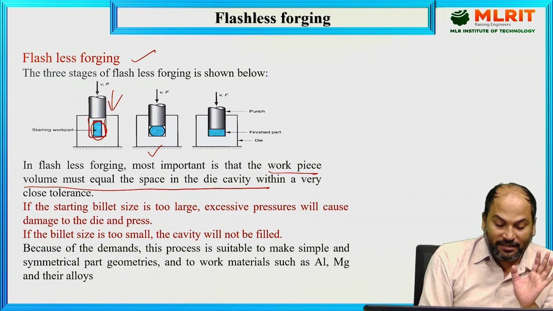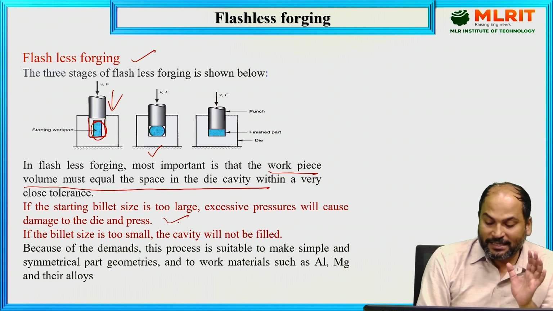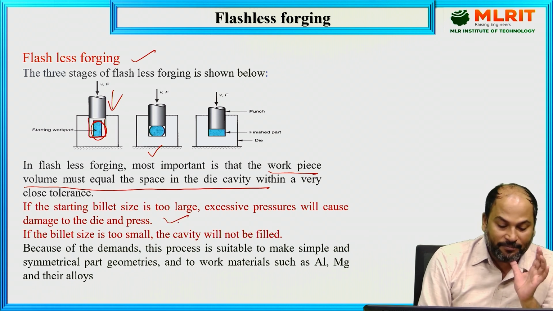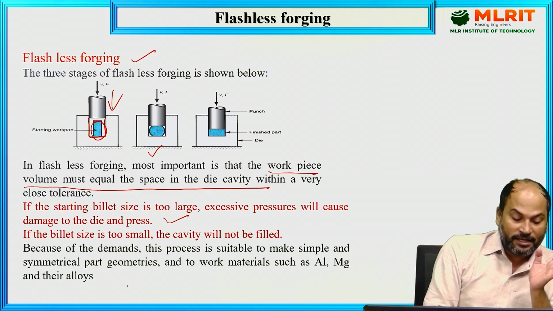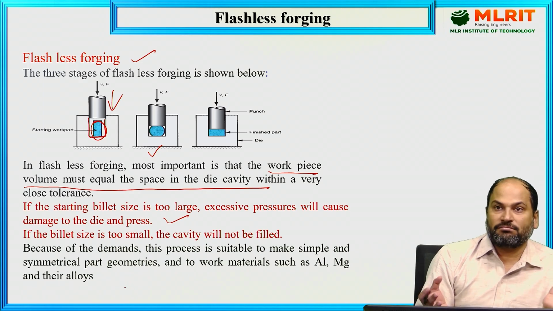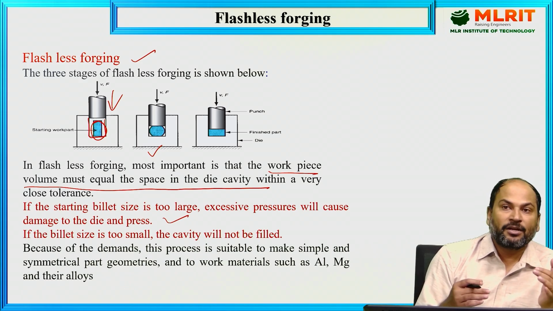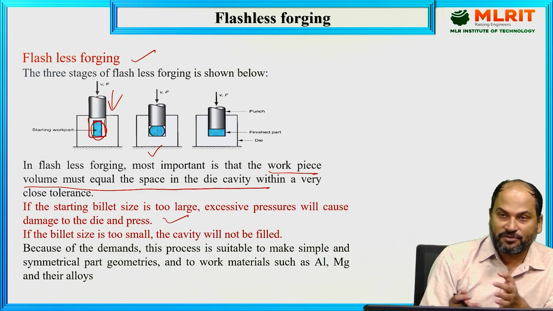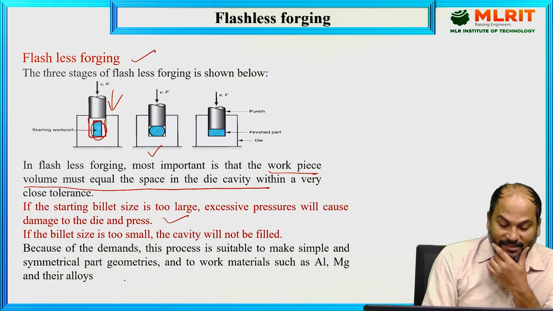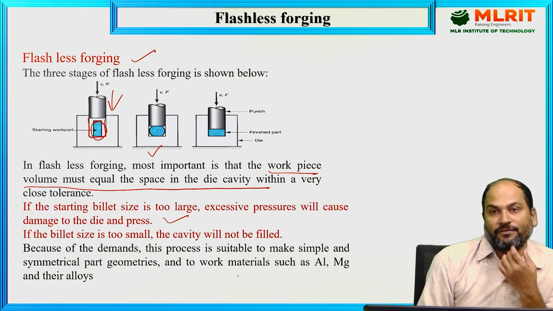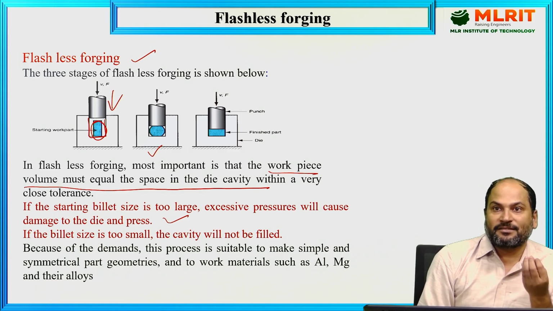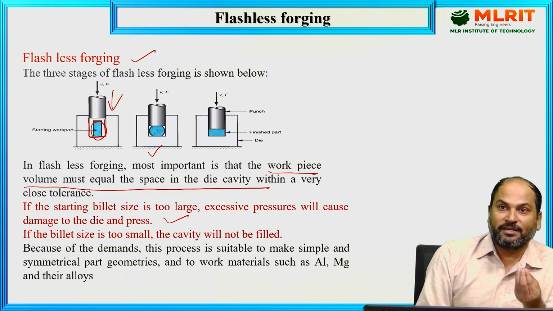If the starting billet size is too large, excessive pressure will cause damage to the die and press. Obviously, that is obvious. If the dimension is very large and you are applying force, the die or punch may be damaged. If the billet size is too small, the cavity will not be filled. If the material is not sufficient, the size is very small, it will not be enough to fill the die.